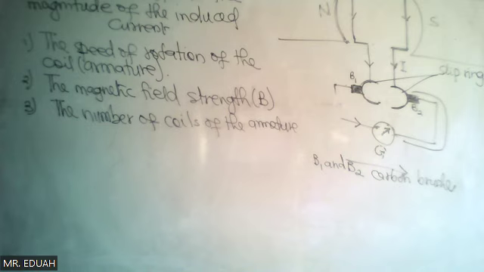But for AC, it's easier to produce because you can easily get a core of magnets and rotate it with a constant angular velocity in a magnetic field. So production of AC is cheaper. That's the first advantage. Production of AC is cheaper than production of DC.